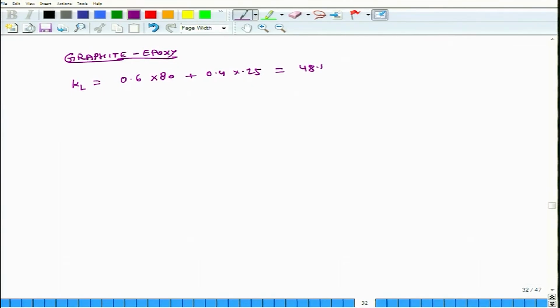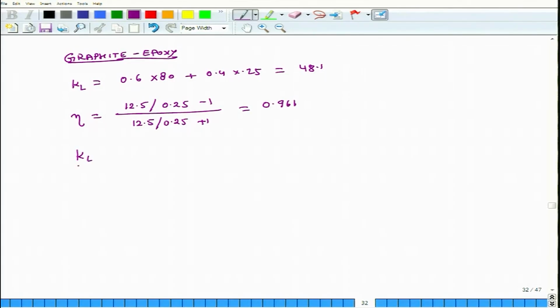Okay. And then for computing the transverse thermal conductivity, we have to use the transverse direction thermal conductivity of the graphite fiber. So, first we compute eta. So, that is equal to 12.5 divided by 0.25 minus 1 divided by 12.5 divided by 0.25 plus 1, which works out to be 0.961.